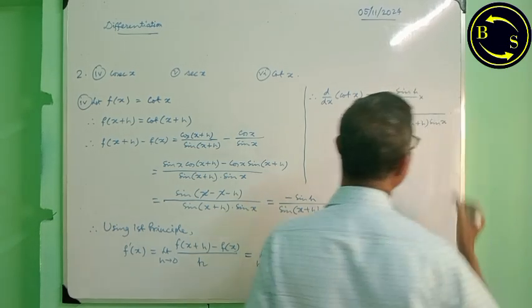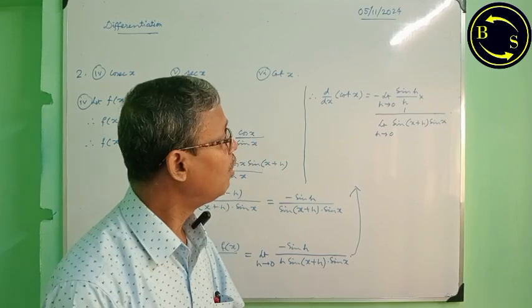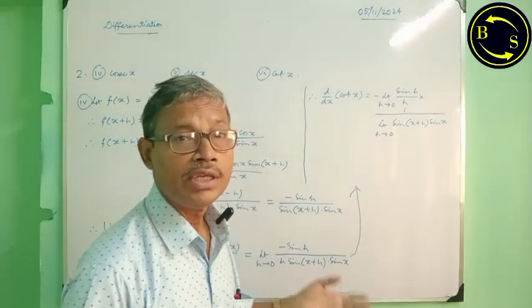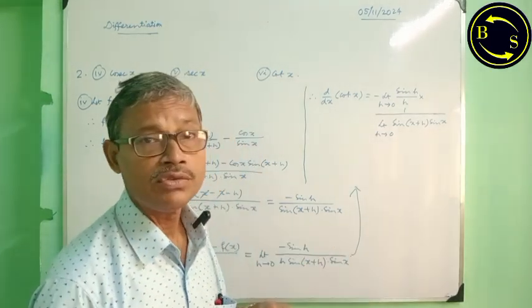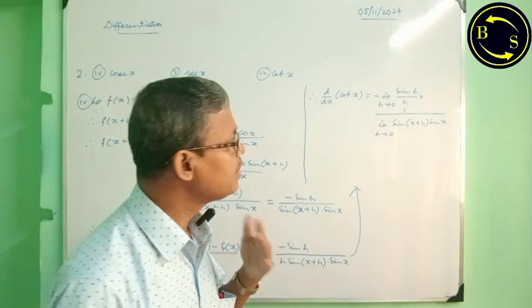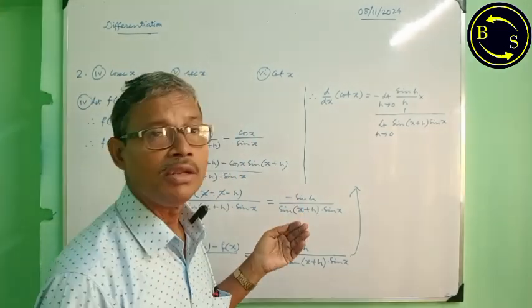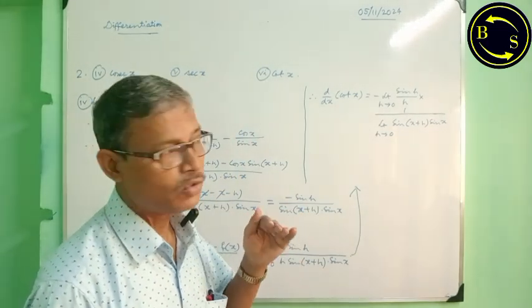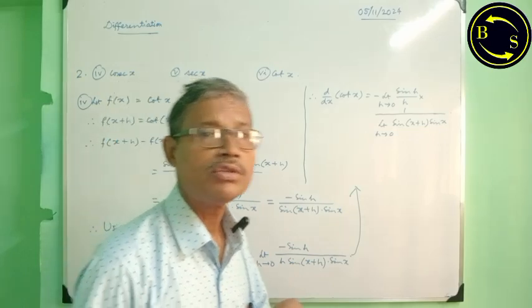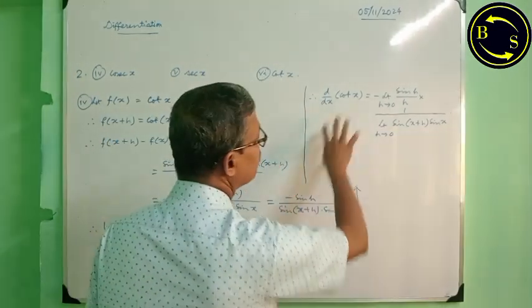I have applied the theorem or law of limits: limit x tends to 0 of f(x) into g(x), or f(x) by g(x), will be equal to the limit of f(x) in the numerator and the limit of g(x) in the denominator. And finally got this form.